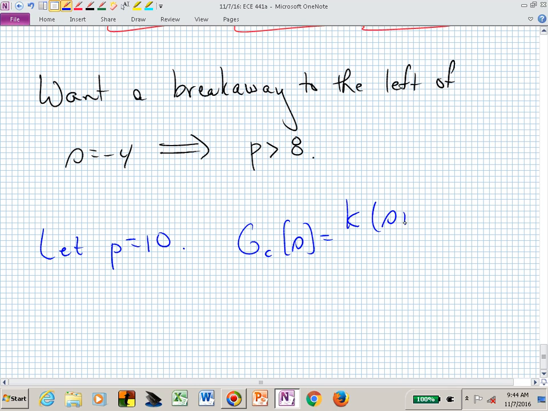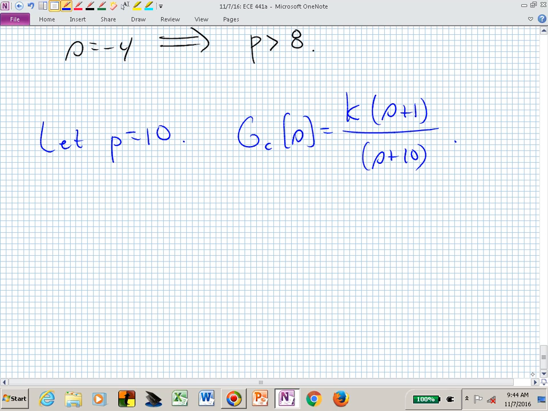We have the zero picked, that gives us this s plus 1 factor. We have our pole picked, that gives us the s plus 10. Now we need to pick the K. But this is very similar to how we found K before. It's just we have a different collection of poles and zeros. Really, we don't have a zero now because it's canceling a pole.